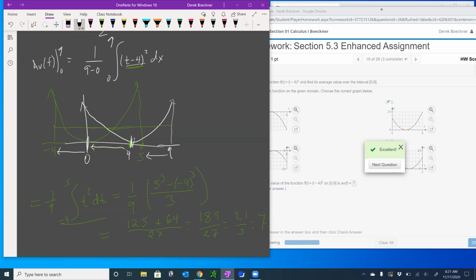And I knew the vertex was at 4 because this was originally shifted to the right by 4. Like f of x minus c, that's a shift in the graph to the right by c, right? Okay, so we just undid the shift of the -4 in the squaring function.